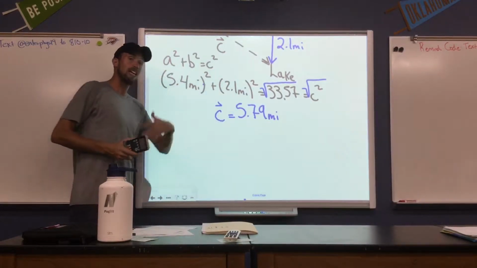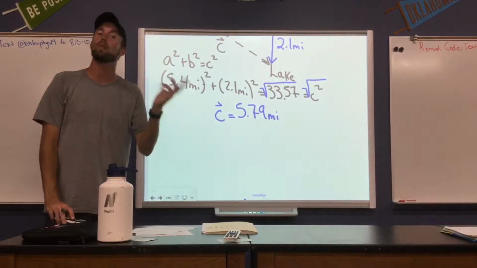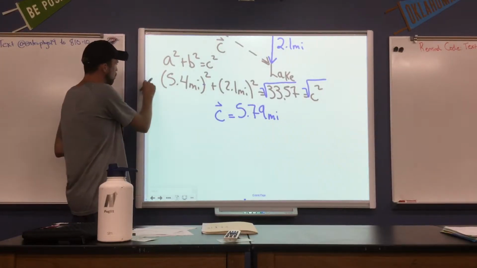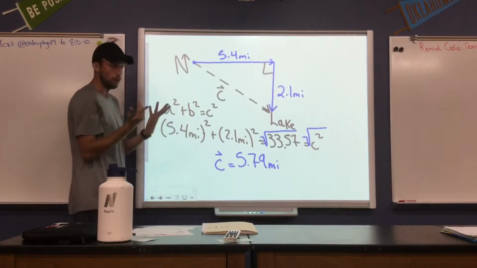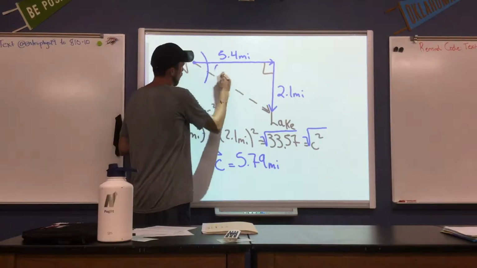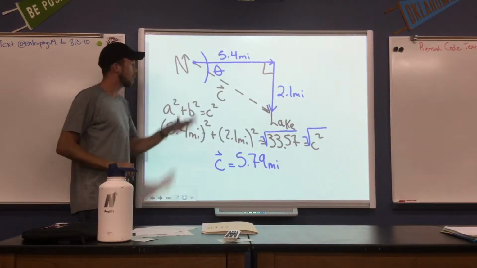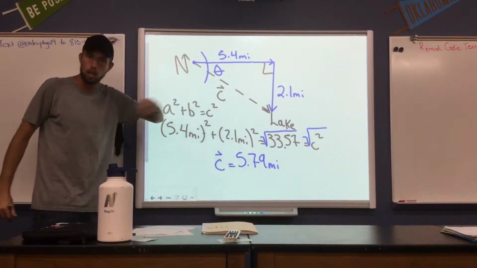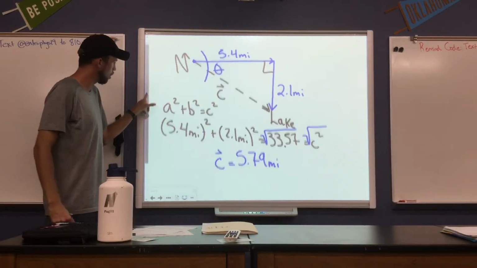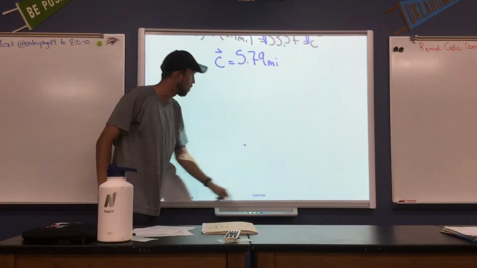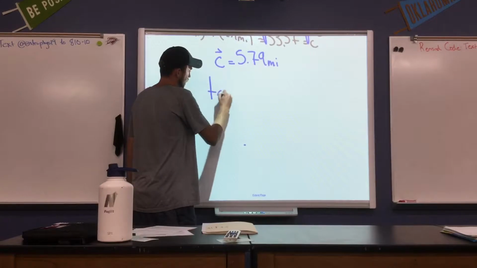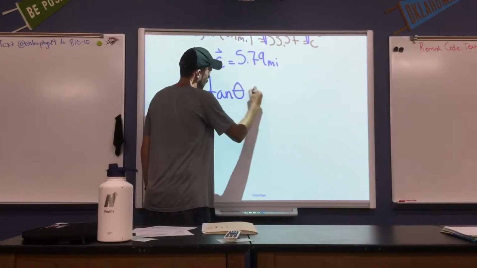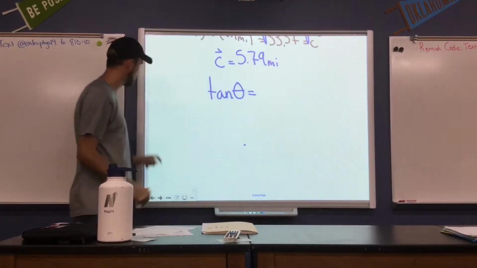Now we also want to find the other part of our answer, which would be a direction. So I will use a trig function here to find our angle. And we want to base our angle off of where we start, from north to Lake Arcadia. My default is to go with tangent. So we'll take tangent of theta. Remember, tangent is opposite over adjacent.